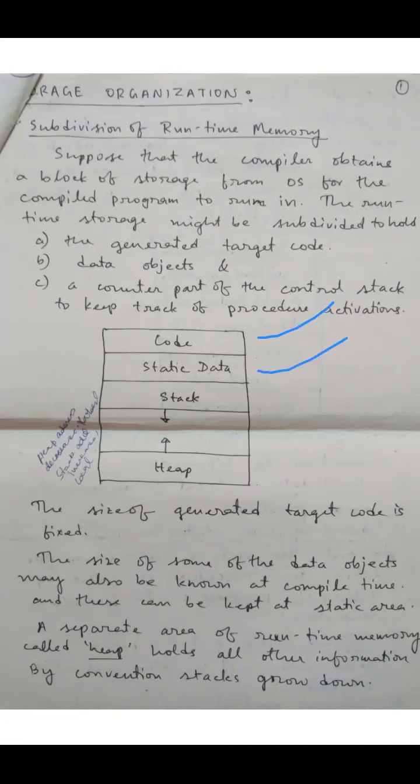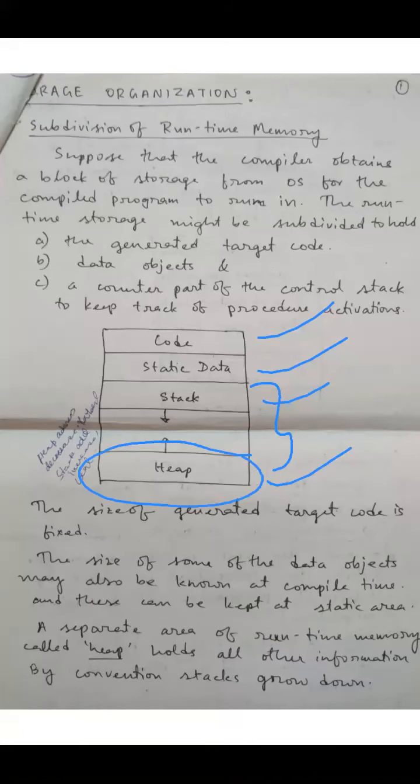Then stack. This is your stack portion. The stack portion holds any local variables you have declared inside your program. And heap. The heap section is used to store the variables or values which are created at runtime. So the heap section is used to keep track of values or variables that are used at runtime.